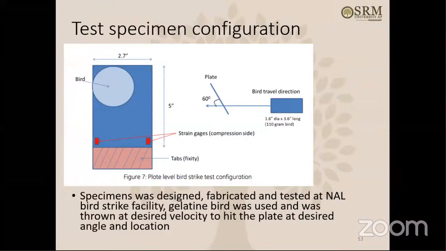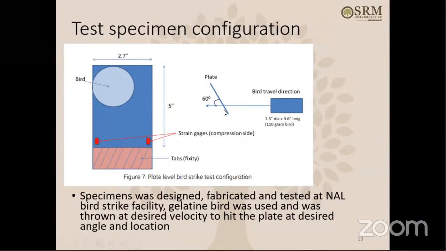We'll be making this plate using hand layup and autoclave, then cutting to the size of 7 inch by 2.7 inch, adding the tabs on it, and putting strain gauges on both sides near the base. The bird is hitting at different locations: either at the tip, somewhere in the middle, or maybe half the bird outside and half inside, like a partial bird hit. These are the different things we tried.